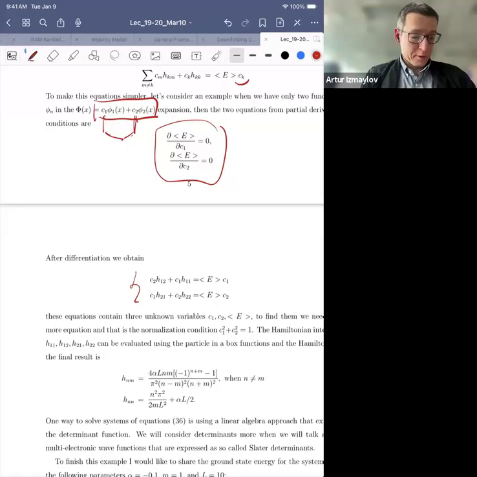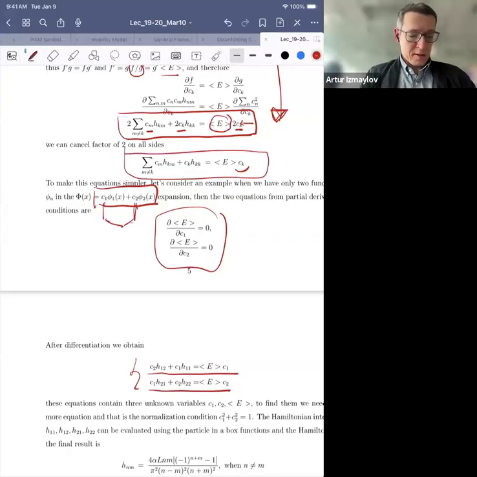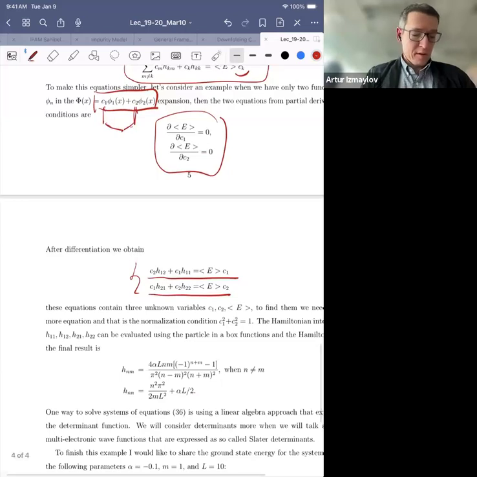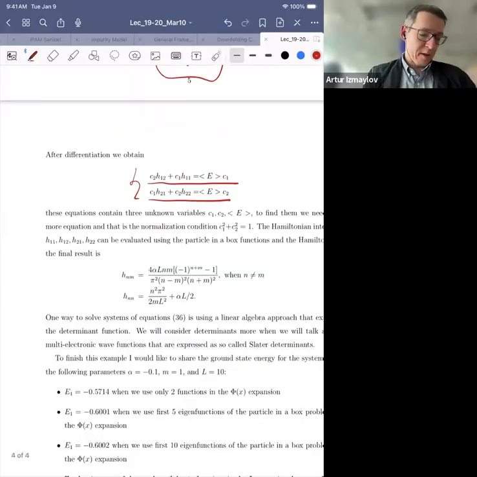You could convince yourself that what was written before simply boils down to these expressions, to a linear system of equations.